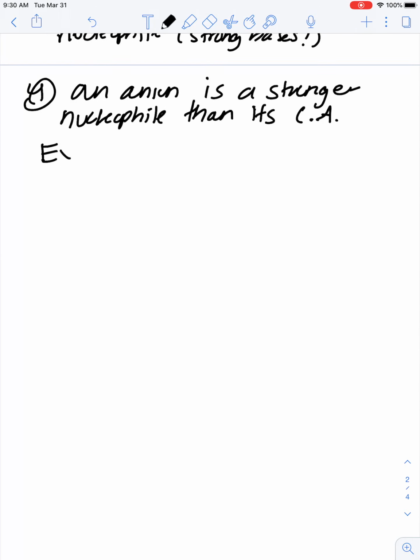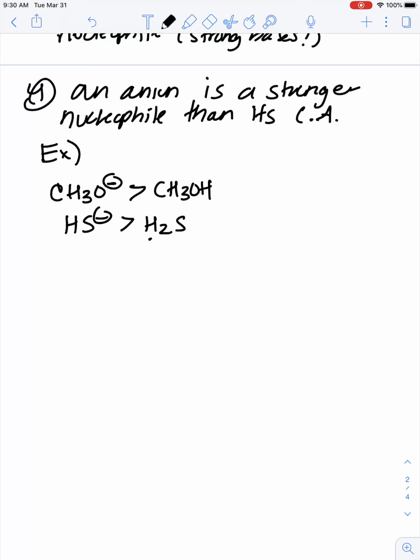So let's look at some examples. So in the last lecture, we looked at methoxide in quite a few examples. So that, again, is going to be considered a strong base, and it's going to be considered a strong nucleophile. So that's going to be stronger than its conjugate acid, which here would be methanol. If we look at this example here, this is also going to be a stronger nucleophile, stronger base than this compound here.